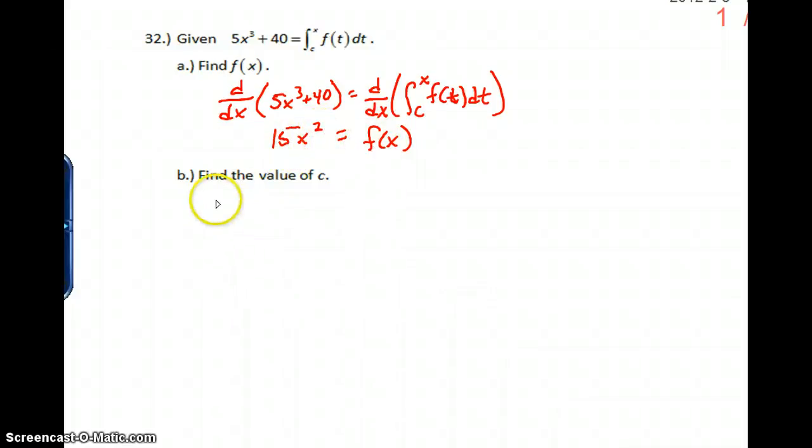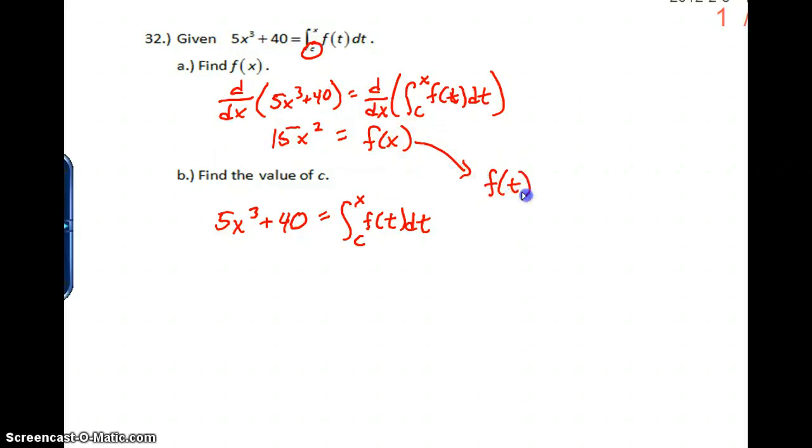Now, in part B, find the value of c. We want to find the constant here. So we realize that if f of x is 15x squared, and we are told that 5x cubed plus 40 is equal to the definite integral from c to x of f of t dt, well, we could take your answer from A and rewrite it as f of t equals 15t squared.